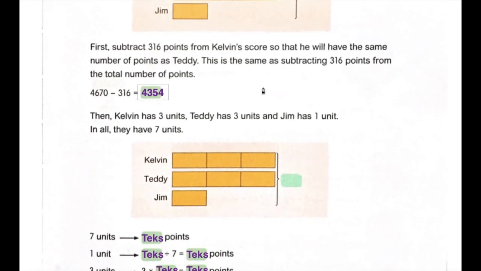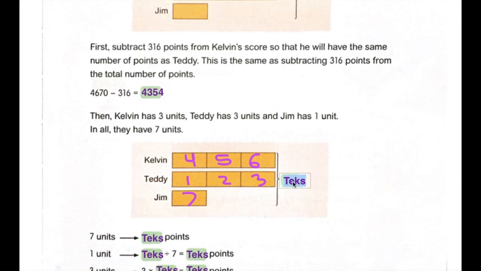Now, this is the Teddy before, 1, 2, 3 ya. Now, all the boxes are the same. So it becomes 1, 2, 3, 4, 5, 6. Don't forget Jim, 7. So, altogether, it will be 7 units now.